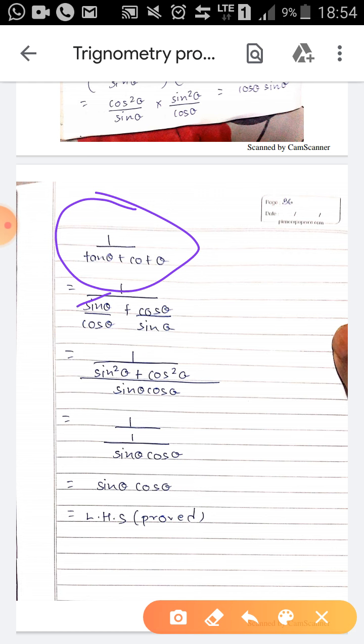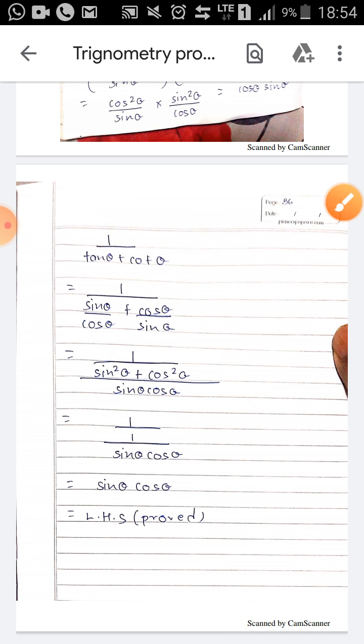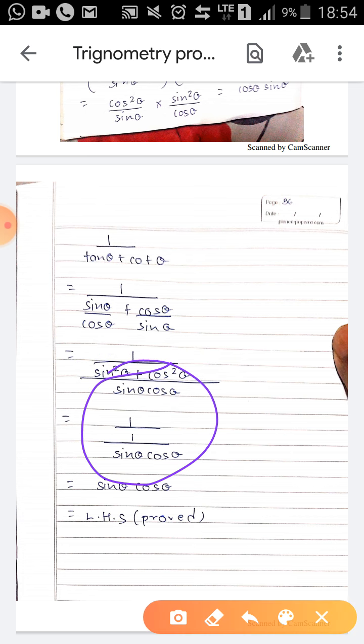I will change tan theta to sin theta by cos theta, and cot theta to cos theta by sin theta. The LCM is sin theta into cos theta, and then you get sin square theta plus cos square theta in the numerator, which is 1. So you can see over here it is 1 by sin theta into cos theta.